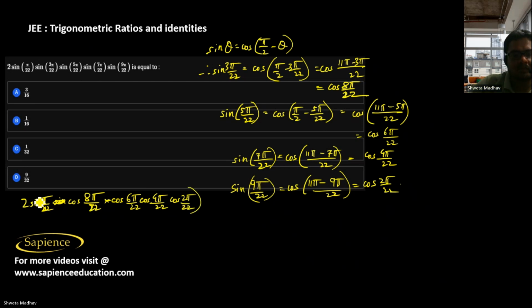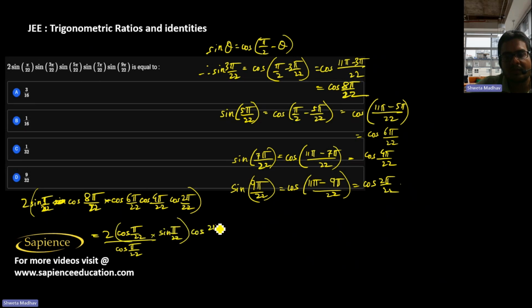Okay, so this can be written as 2. Now we can multiply and divide by cos pi by 22. So 2 cos pi by 22 by cos pi by 22 into sine pi by 22 into cos 2 pi by 22 into cos 4 pi by 22 into cos 8 pi by 22 into cos 6 pi by 22.